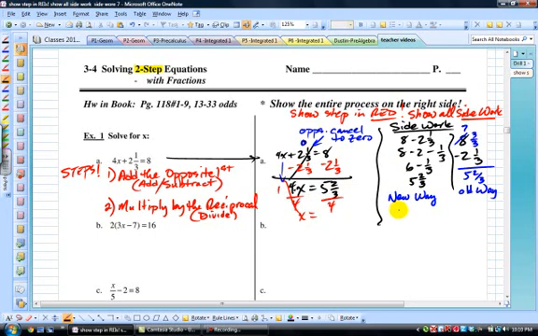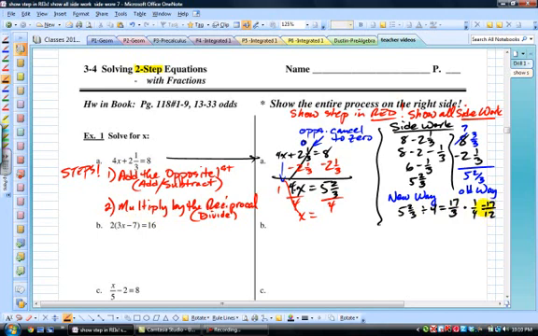So we do the side work over here. 5 2/3 divided by 4 equals, well, let me see, change it to improper. 3 times 5 is 15, plus 2 is 17. So 17/3 times the reciprocal, which is 1/4. Then you multiply. 17 times 1 is 17. 3 times 4 is 12.